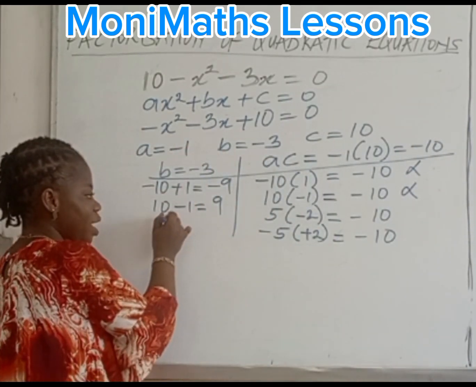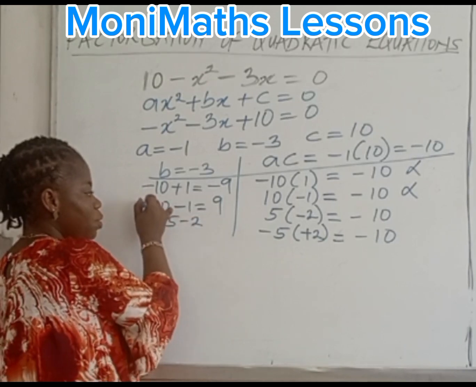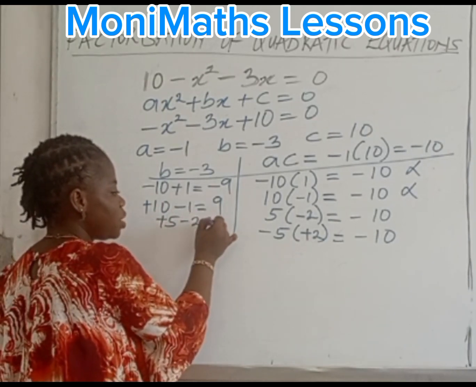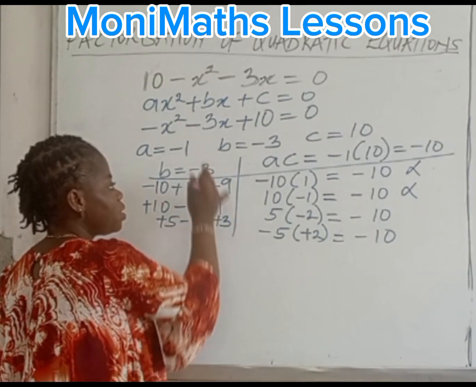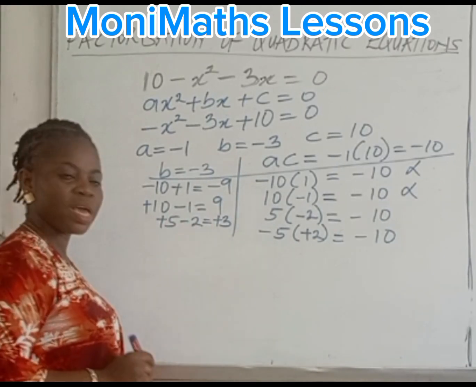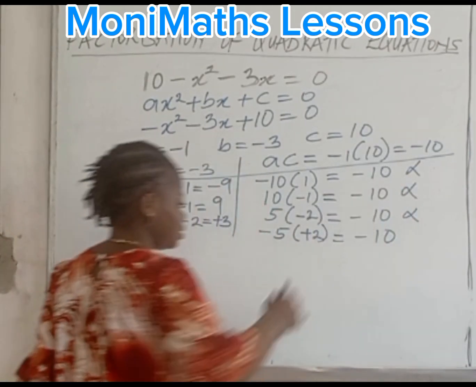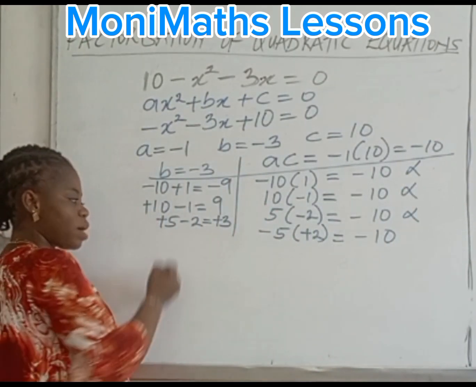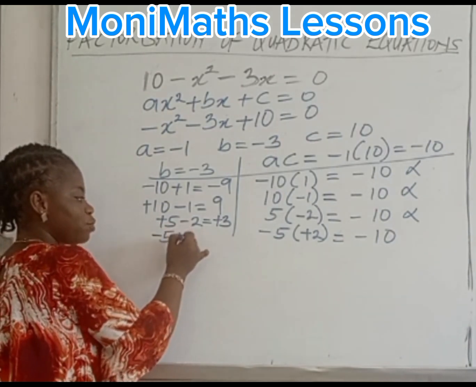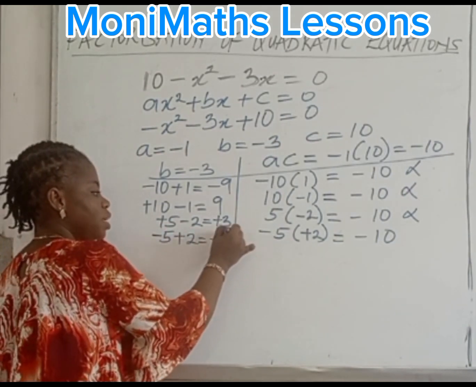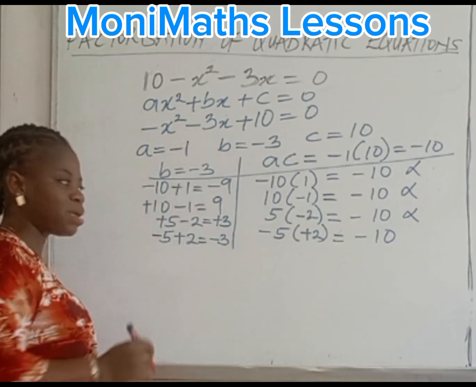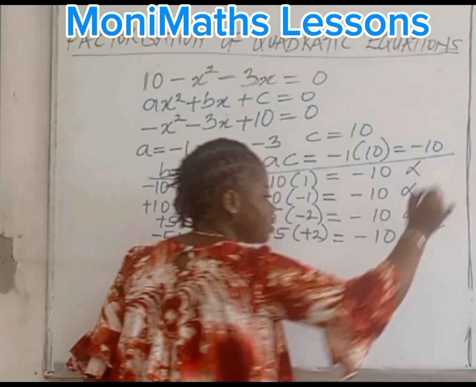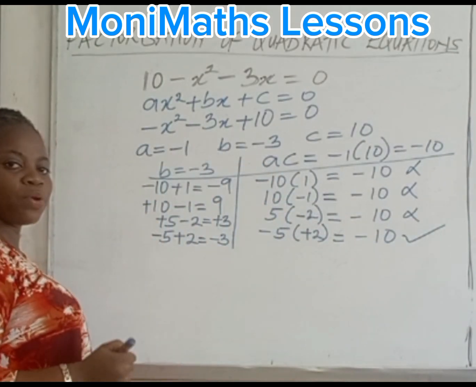Then I have plus 5 and minus 2, which will give me plus 3. Plus 3 does not correspond with the b I have, so that is not what I need. Then I have minus 5 and plus 2. Minus 5 plus 2 will give me minus 3, and minus 3 is actually what my b is. So these are the numbers I need. Minus 5 and plus 2.